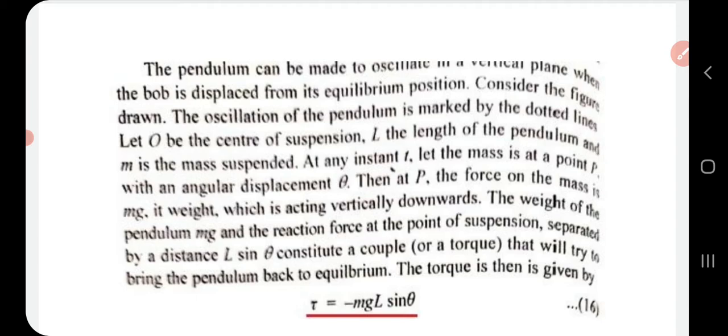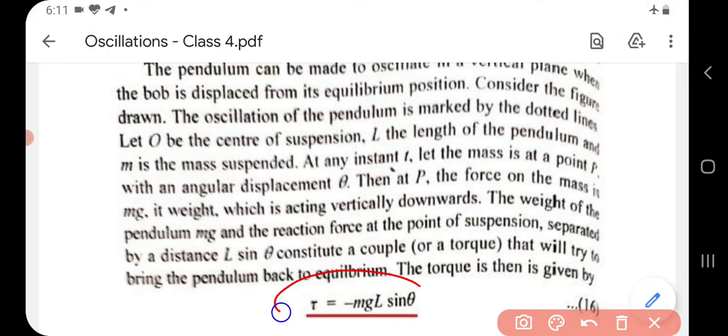And what will that couple do? It will try to bring the pendulum back to its equilibrium position. That restoring torque is represented by the letter tau and is given by minus mgL sin theta. Theta is the angular displacement, L is the length of the pendulum, g is the acceleration due to gravity, and m is the mass of the bob.